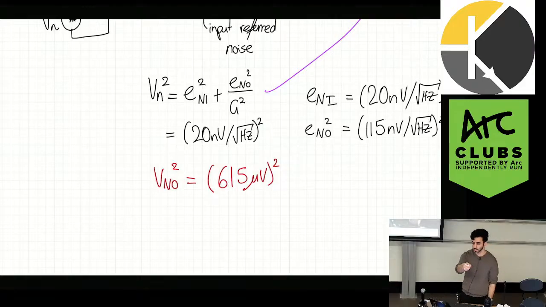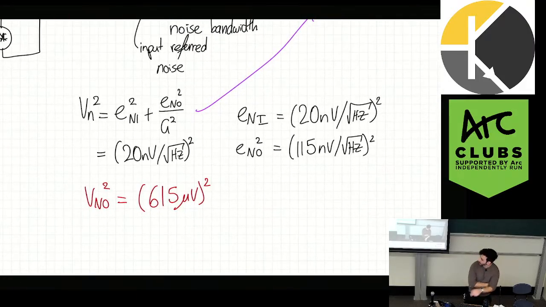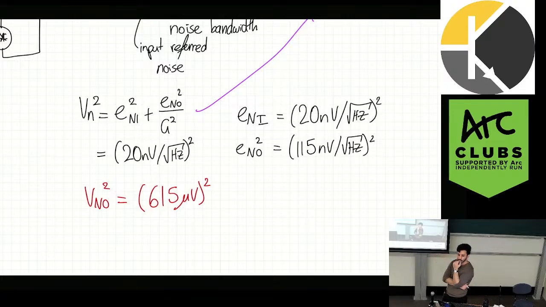Any questions? Yes. I always get confused with whether to square the value or not. So if it's given 20 nanovolts per square root of hertz, is that for ENI squared or just ENI? I see. So are you talking about the value or the equation? Like the value, what value we studied, like Vn squared.